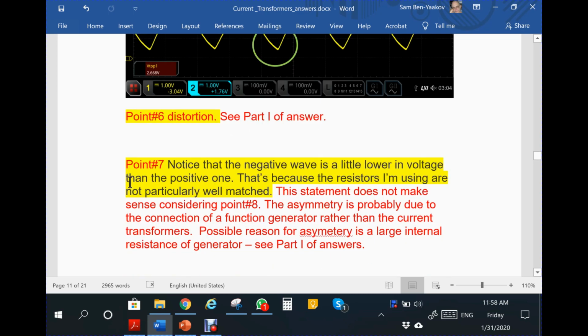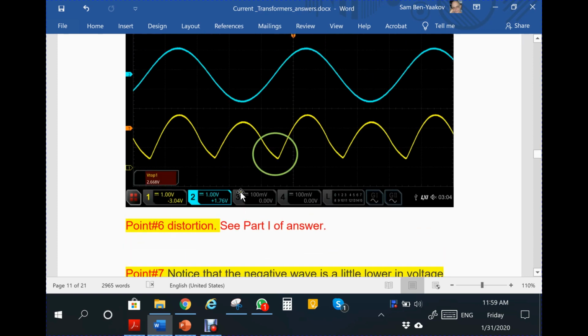And then we come to point 7. Notice the negative wave is a little lower in voltage than the positive one. That's because the resistors I'm using are not practically well matched. Okay? Now we are referring to the output of the rectifier.